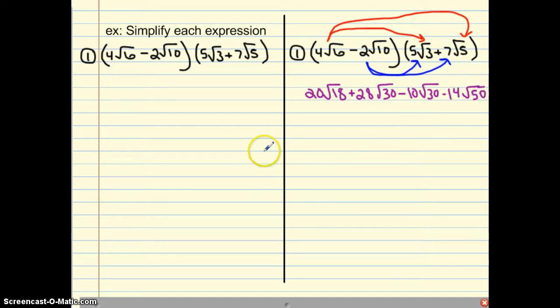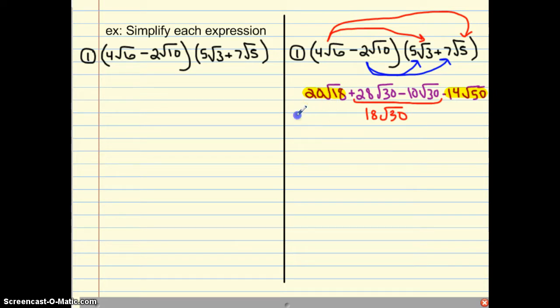Now I'm looking this over for things that I can simplify. I do have some simplifying available in this first term and in this last term. Our root 30s, though, they don't simplify. I can, however, clean them up to 18 root 30. So I'll do that, and then we'll get to work on this other stuff.